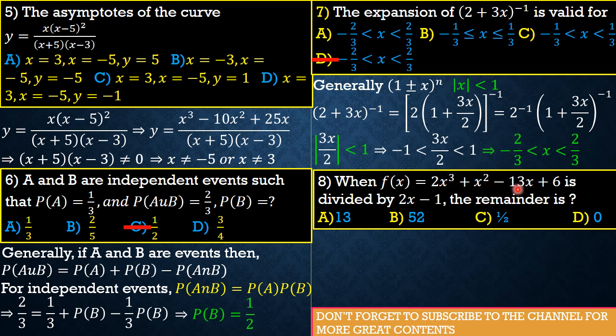All right, guys, question 8 is saying that when f(x) equal to 2x cubed plus x squared minus 13x plus 6 is divided by 2x minus 1, the remainder is... All right, so they want us to get the remainder of this.